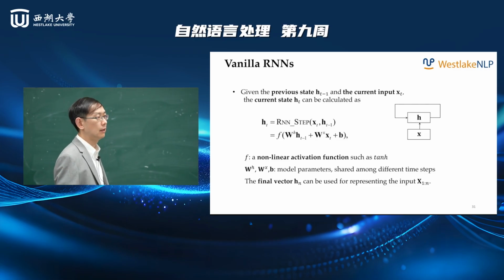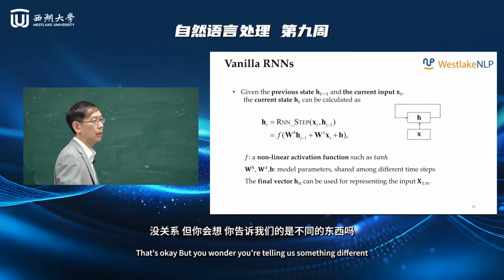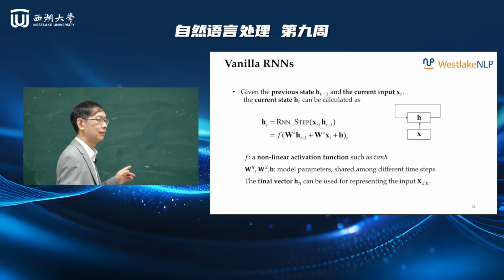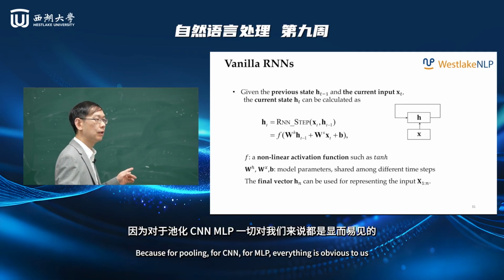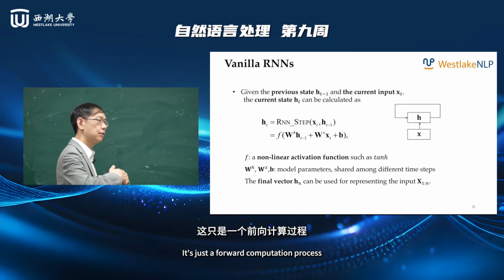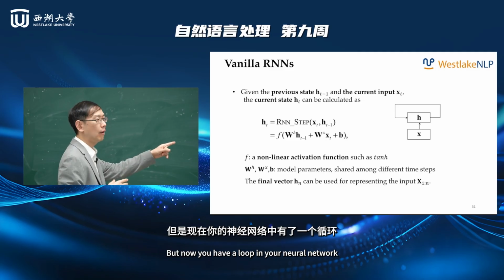All right, and that's okay, but you wonder, you're telling us something different, okay? Because for pooling, for CNN, for NLP, everything is obvious to us, right? It's just a forward computation process. But now you have a loop in your neural network.